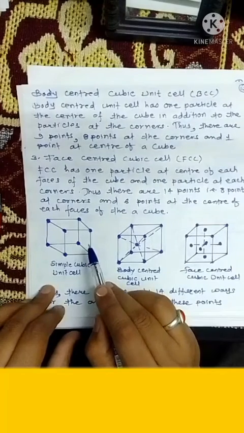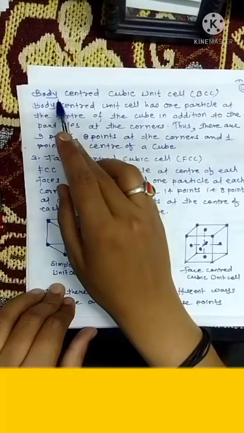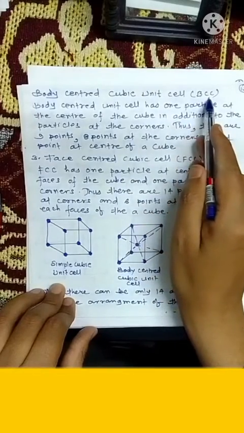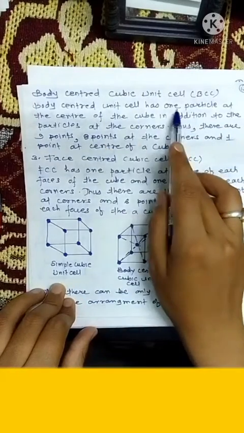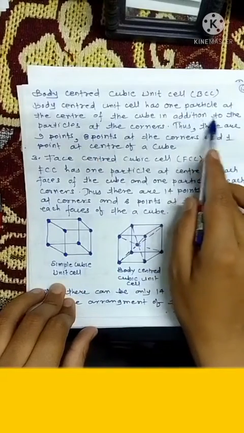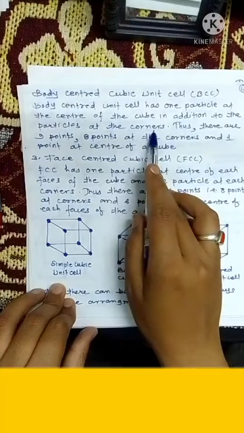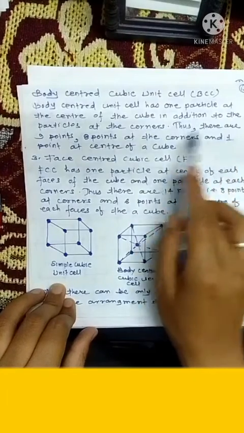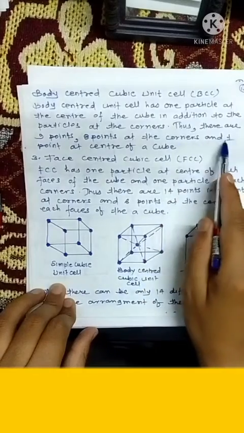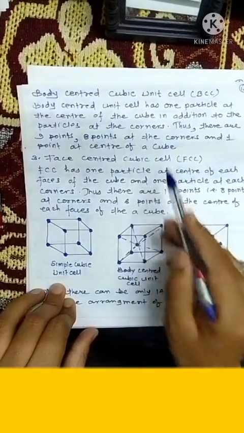Now we are going to see body centered cubic cell, that is BCC. Body centered unit cell has one particle at the center of the cube in addition to the particles at the corners. Thus, there are 9 points, 8 points at the corners and 1 point at the center of the cube.